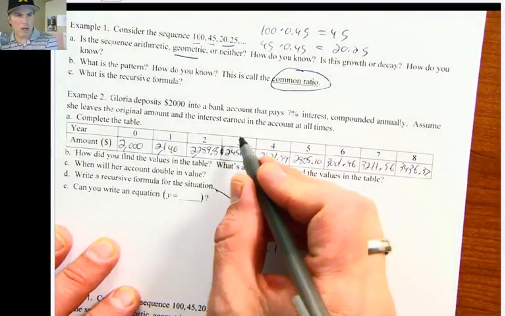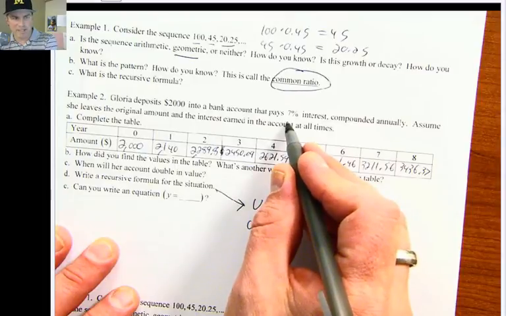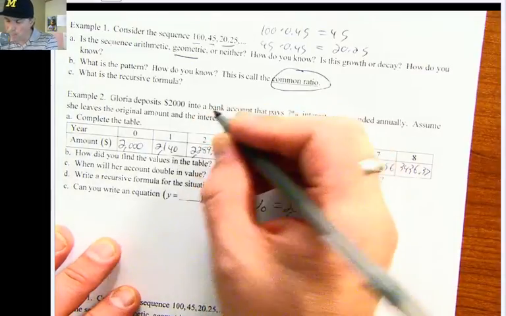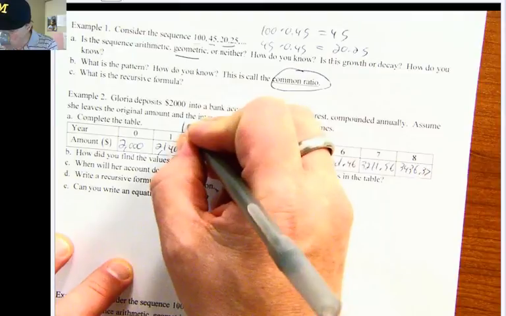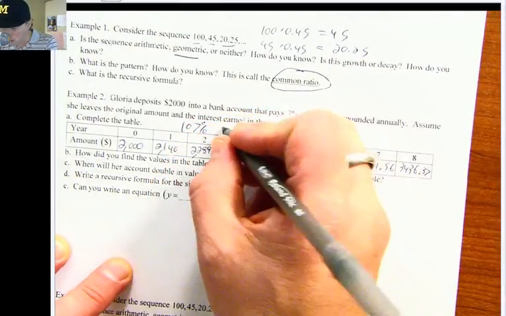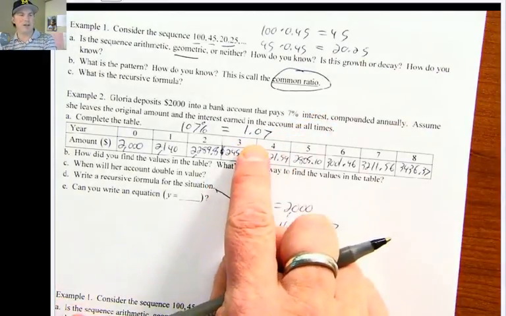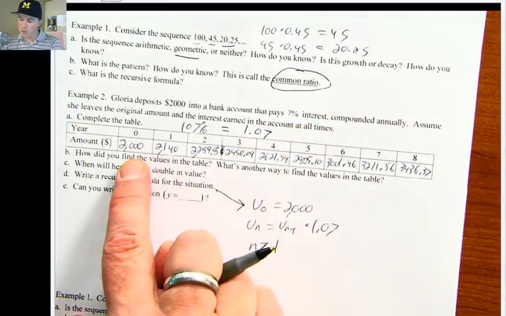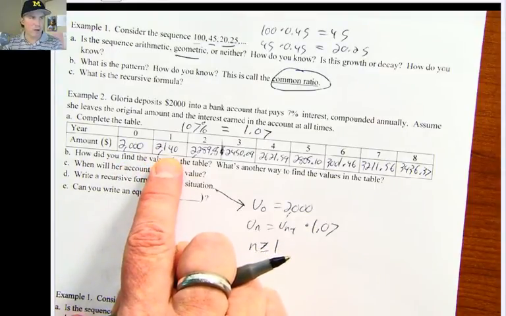So if the account was paying a 7% interest, you're getting the 100% that you already have plus a 7% interest. So what you're really getting every single month is 107%, which if you change that to a decimal would be 1.07. So I went 2,000 times 1.07, I got 2140.